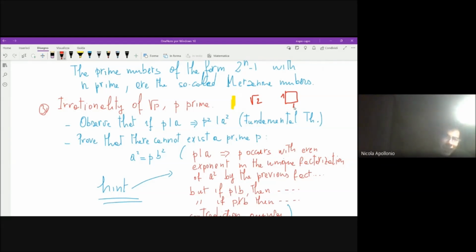So why am I proposing this exercise? Not because you are interested in rational or irrational numbers, but rather because the proof itself is a good exercise.